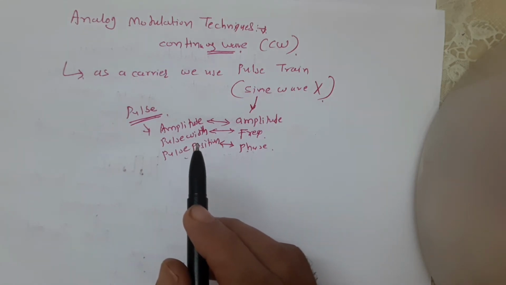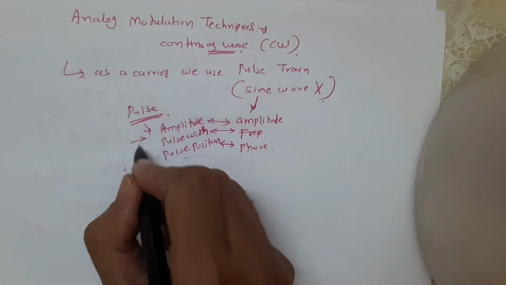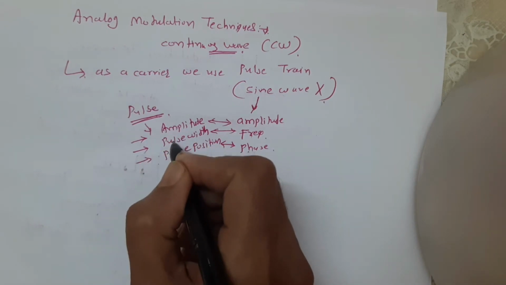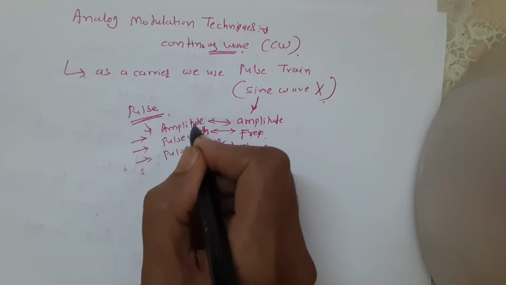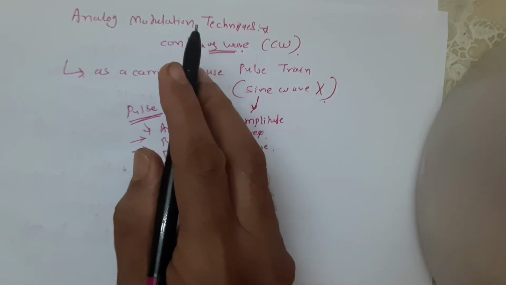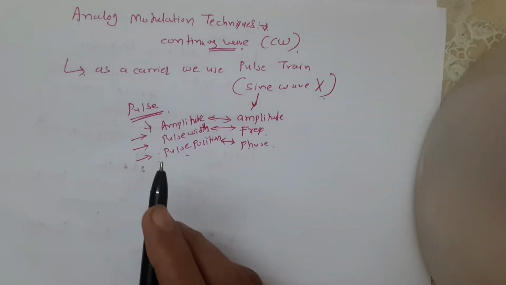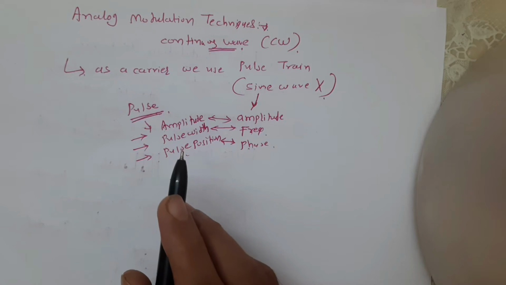Continuous wave modulation is obtained by varying one of the parameters. We vary any one of the parameters with respect to the message signal. Continuous wave modulation is obtained by varying one of the parameters of the sine wave with the instantaneous variation of the message signal.